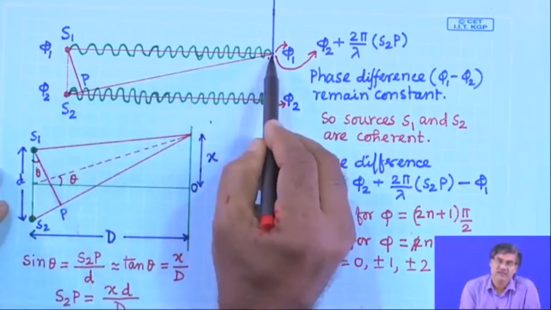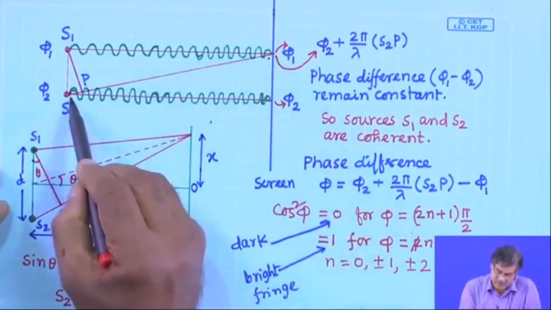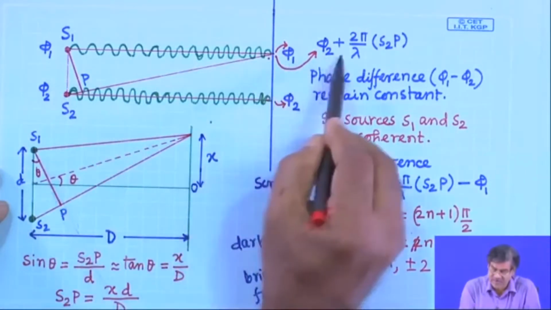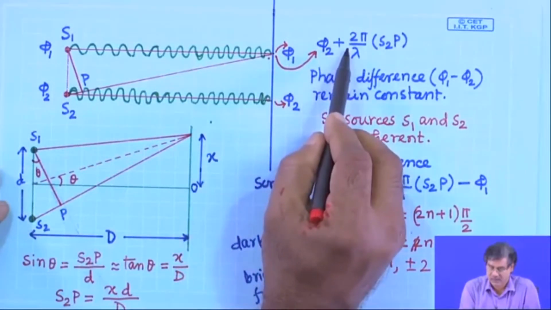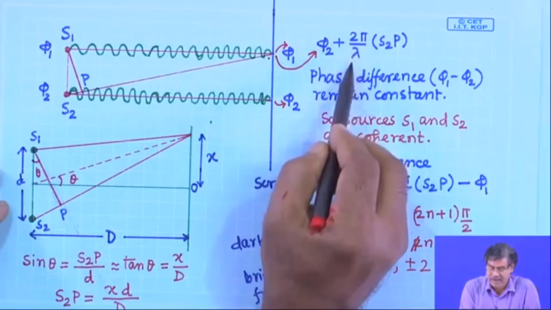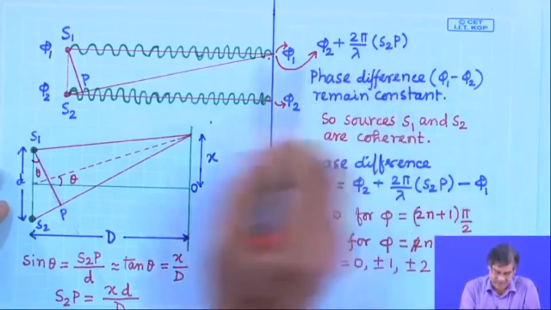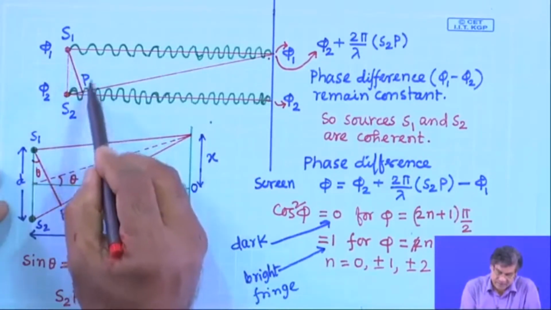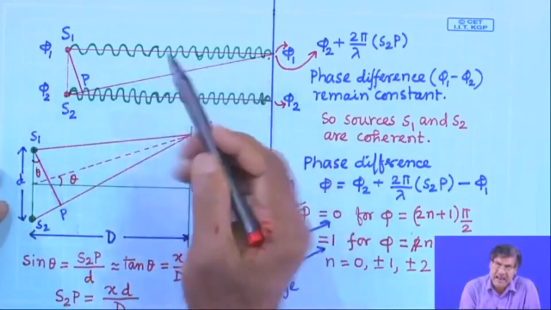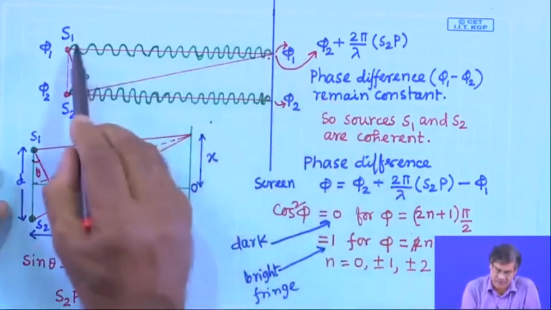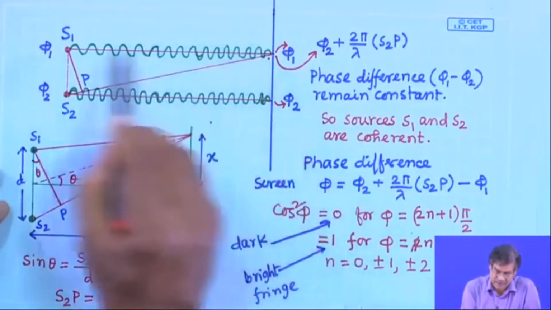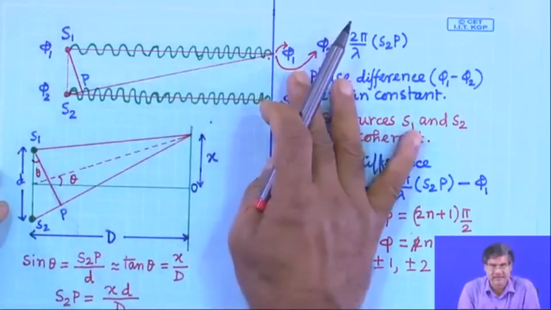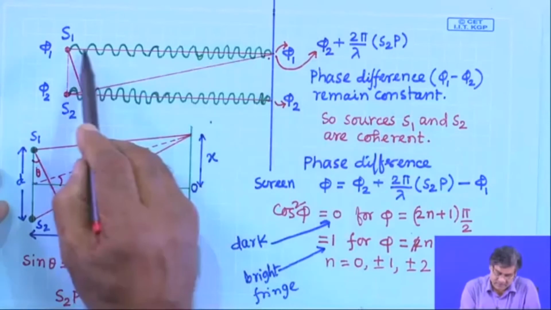Now, here phi 2 will be phi 2 plus 2 pi by lambda times S to P. What is S to P? This one is travelling an additional path compared to this one. When they travel the same path, their phase remains intact.